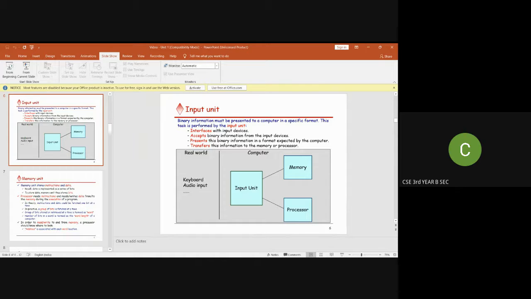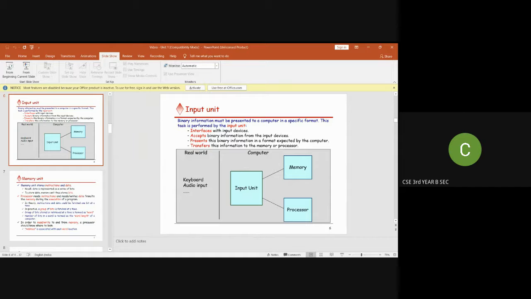For example, if we are feeding some data to the input unit, say some files I have to store in my memory, we give the file to the input unit, and it should be stored in the memory, meaning it should be given to the memory system.